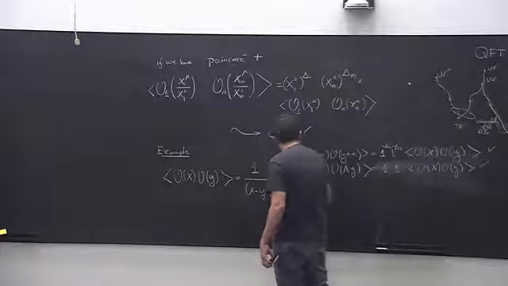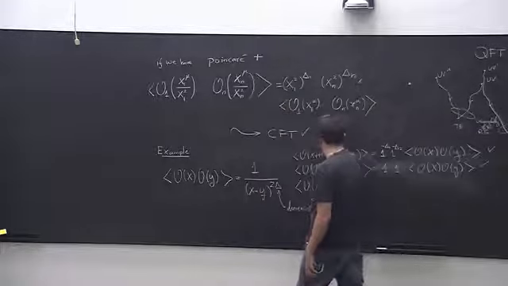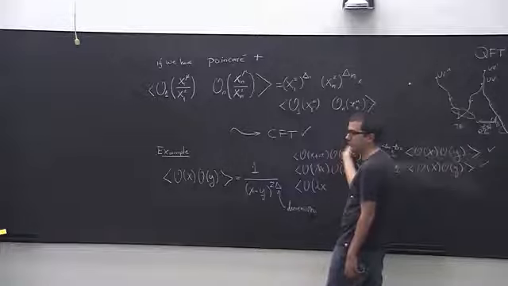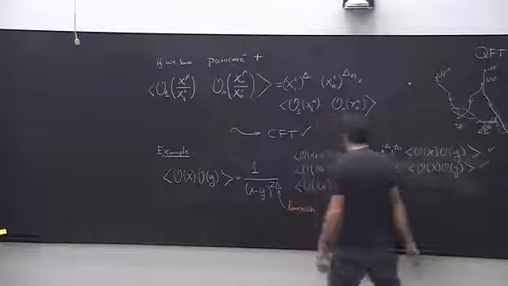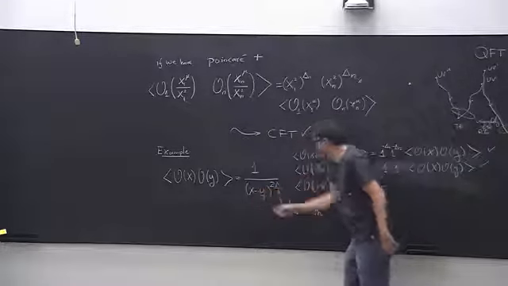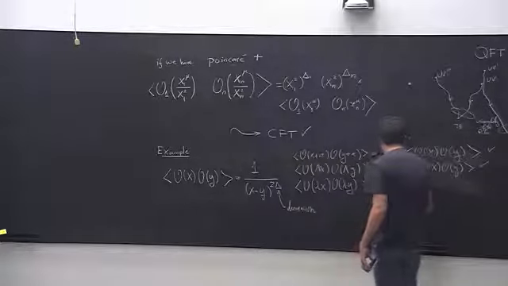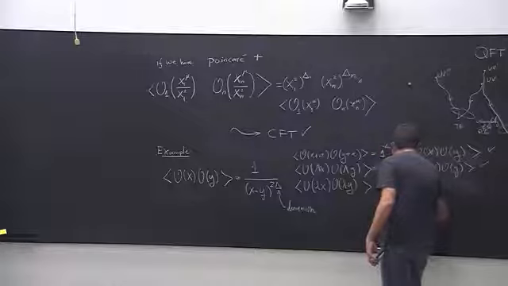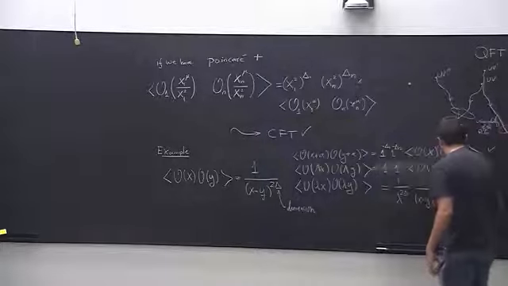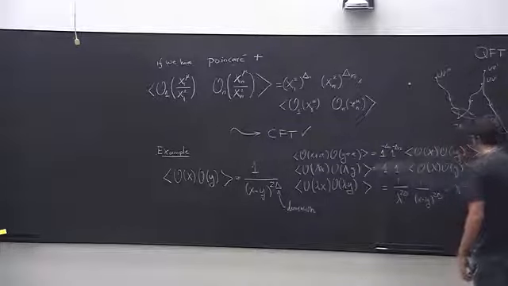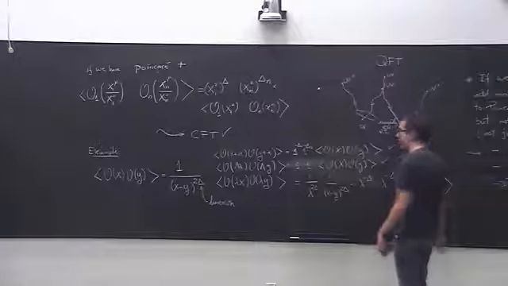Dilatation. O of lambda times x. So this is a matrix, right? Is it clear, this notation? Just rotation. You have a vector, you rotate. O of lambda x, O of lambda y. What is this? If you put lambda and lambda, you get 1 over lambda to the power 2 delta times 1 over x minus y to the 2 delta, which is just lambda to the minus delta times lambda to the minus delta times the correlation function O of x, O of y.